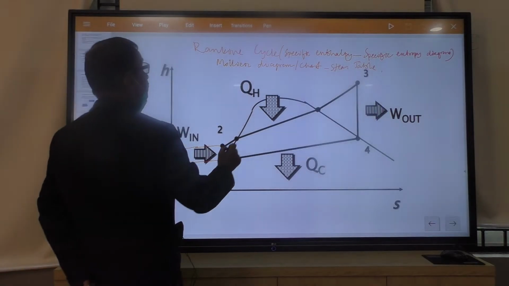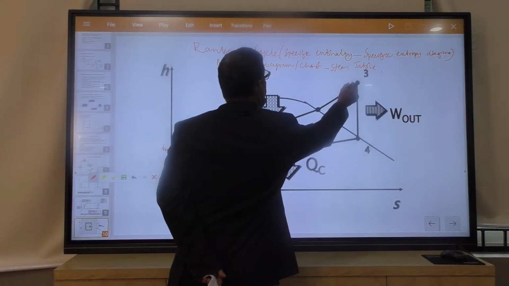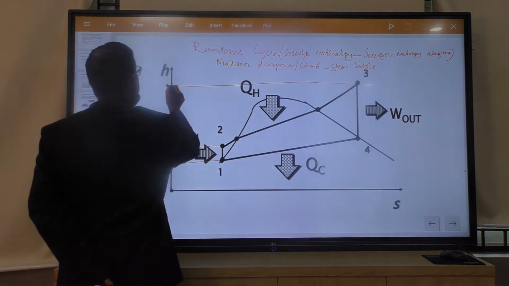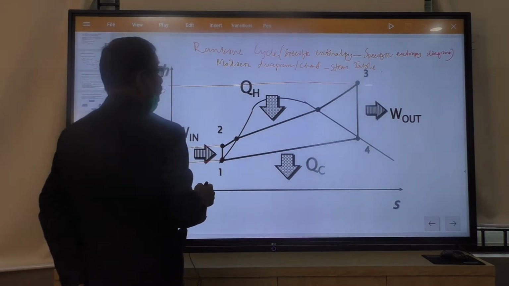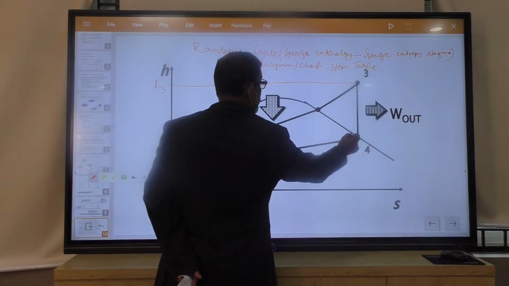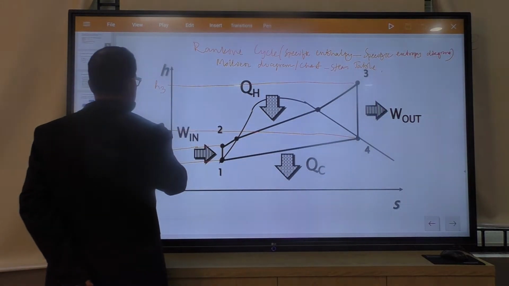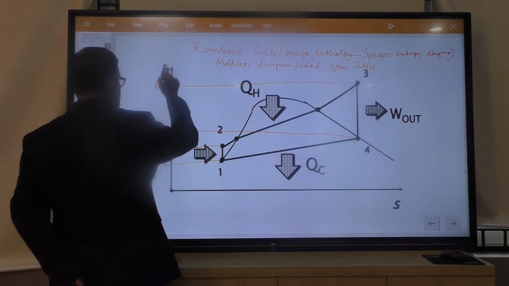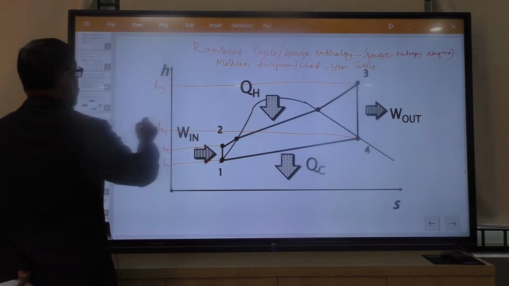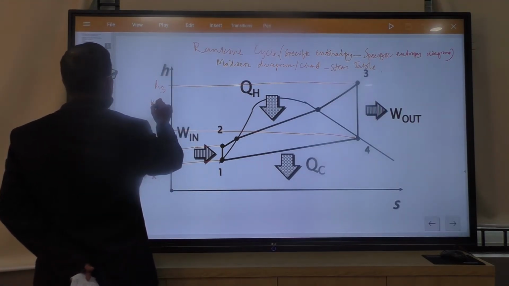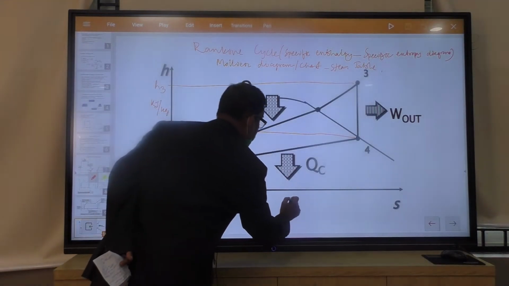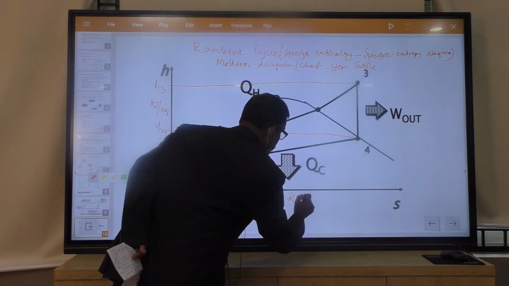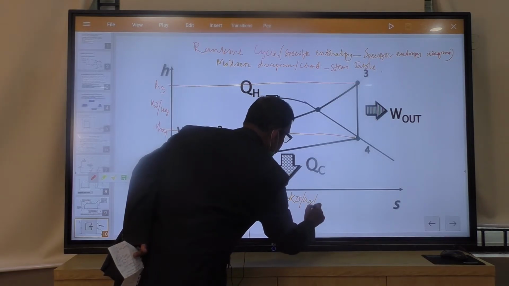H2, H1, this is H3. This directly you can get H3 here. No calculation. You get directly H4. This is the y-axis, and its unit is kilojoule per kg. And the x-axis unit is kilojoule per kg per Kelvin.